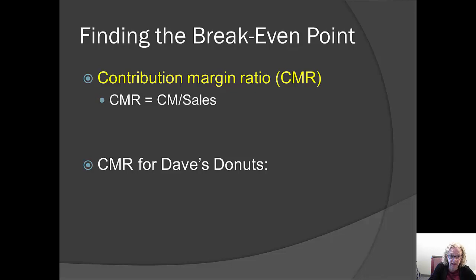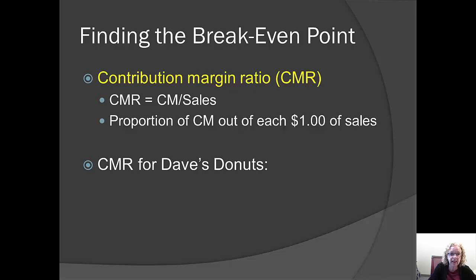So what that's telling us is how many pennies of contribution margin the firm gets per dollar of sales revenue. And those pennies, that portion of each dollar of sales, is now available either to cover the fixed cost or to contribute to firm profitability.